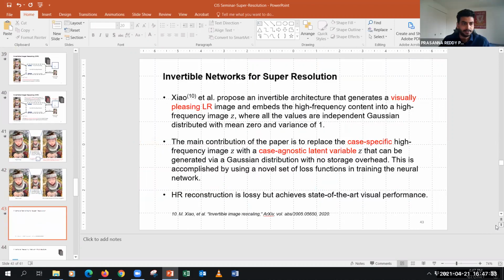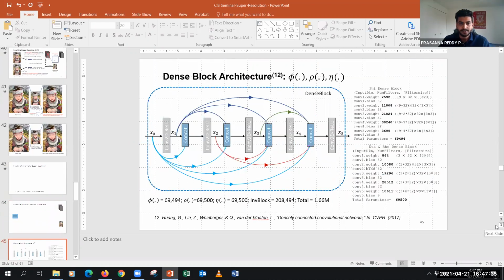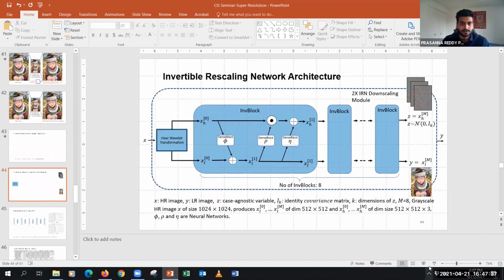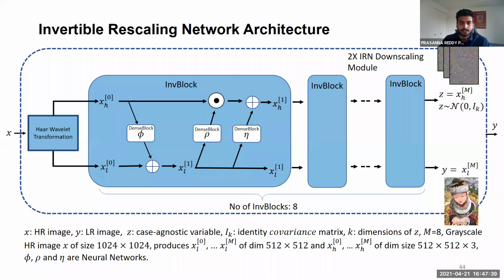So we can take this entire 2x downscaling module, and if we have a bunch of them in series, we can progressively downscale to 4x and 8x and so on. That's how you can have different sized reconstructions or different sized downscaled images.